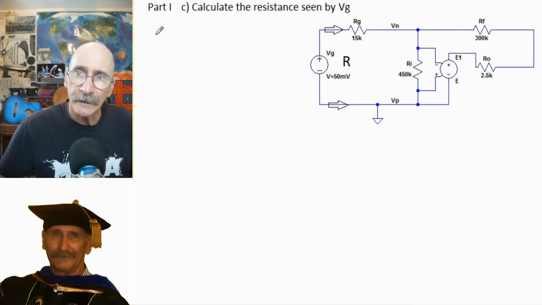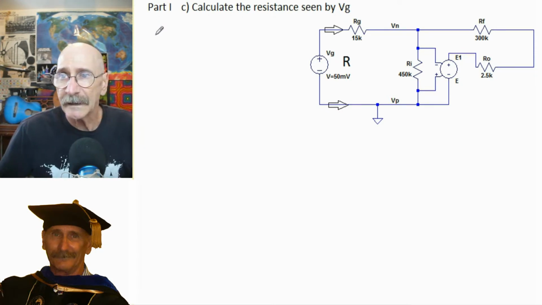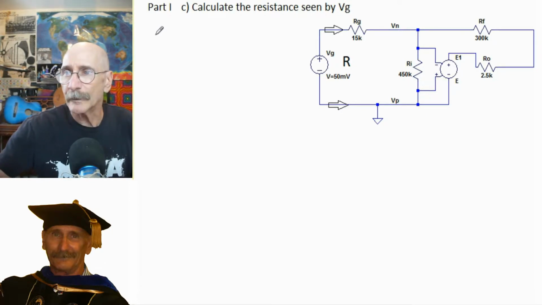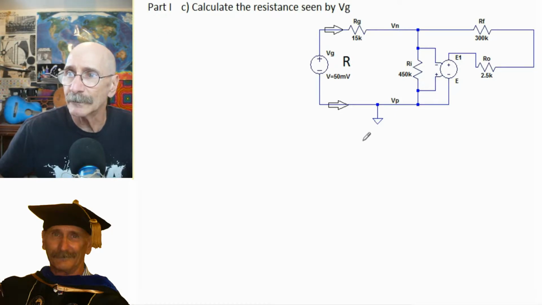Okay, so part 1c is to calculate the resistance seen by Vg. And for this part of the problem, we've basically drawn a model of all the resistance and all the power sources in order to resolve it.